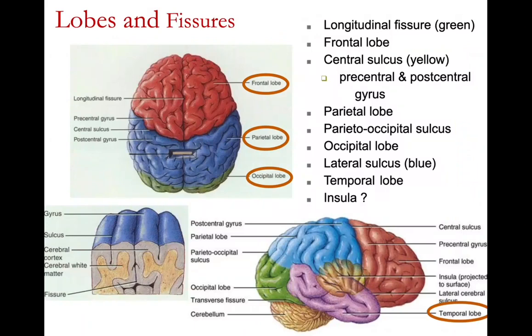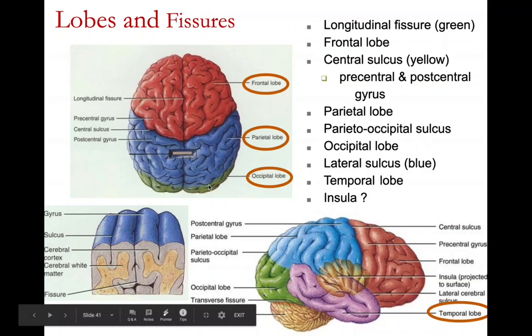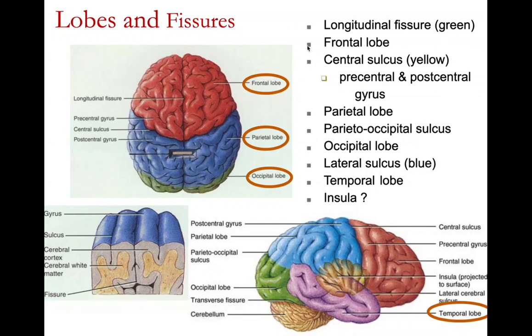When we look at the lobes and fissures, you have the longitudinal fissure. These colors are not coordinated the way it says on here. The longitudinal fissure is going to run longitudinal on here. You've got the frontal lobe here. The central sulcus is going to run across.